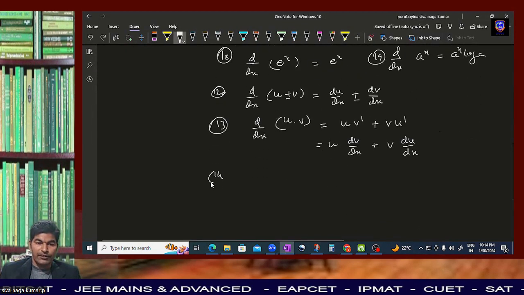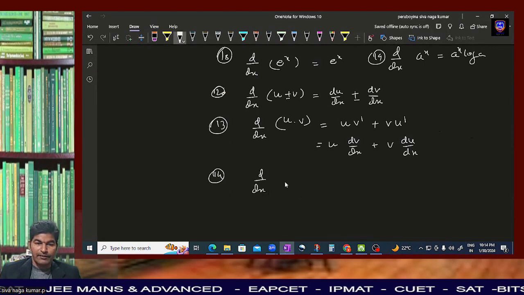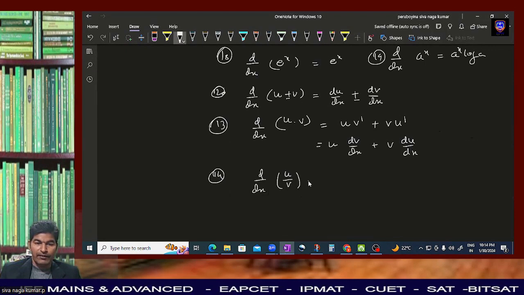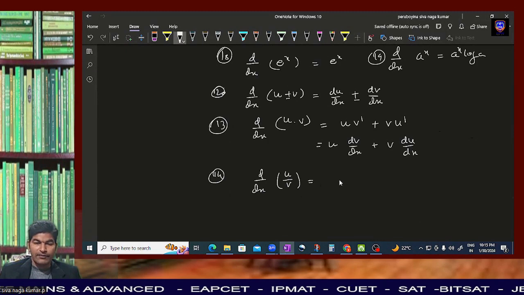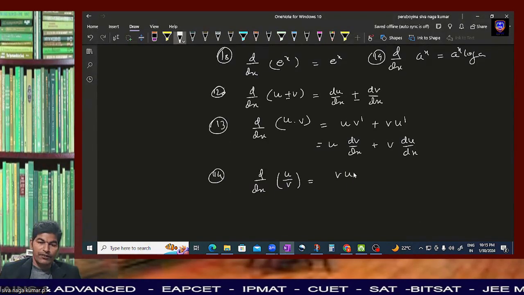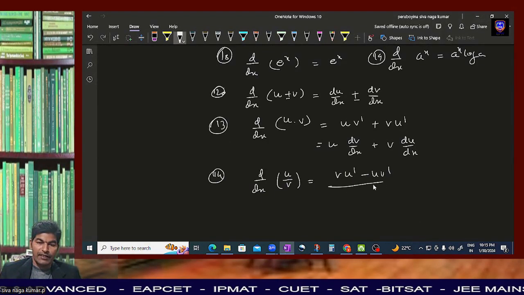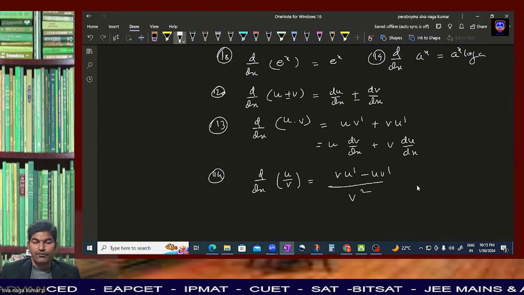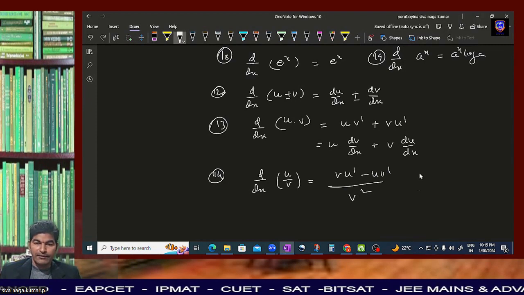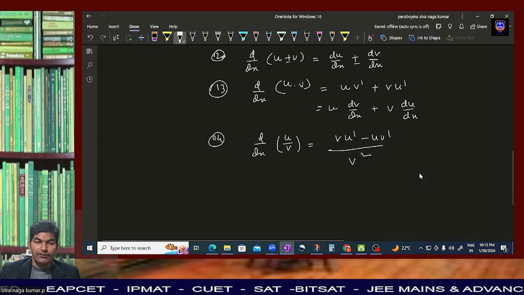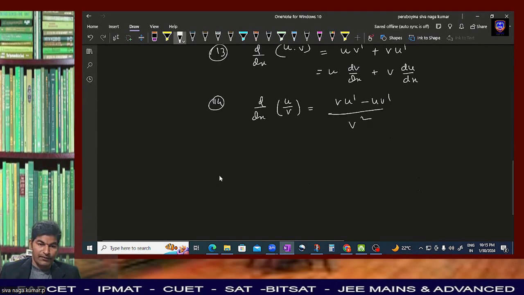Next, 14th result, d by dx of u by v, the fractional rule: vu dash minus uv dash by v square.